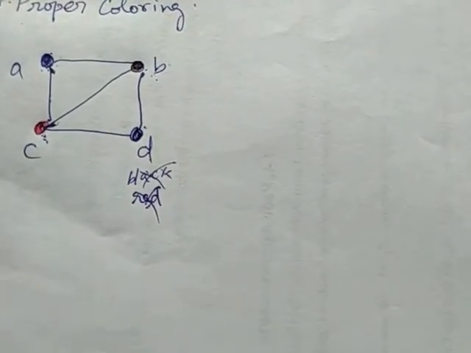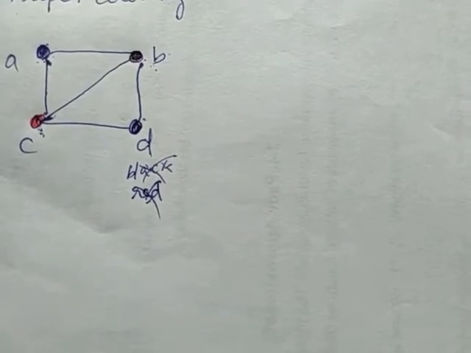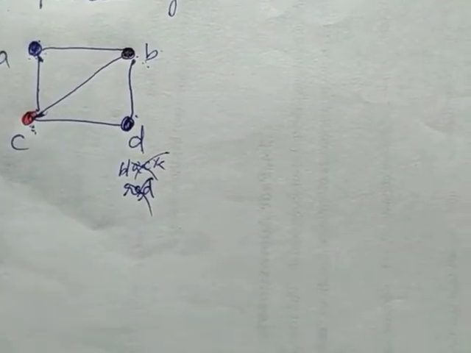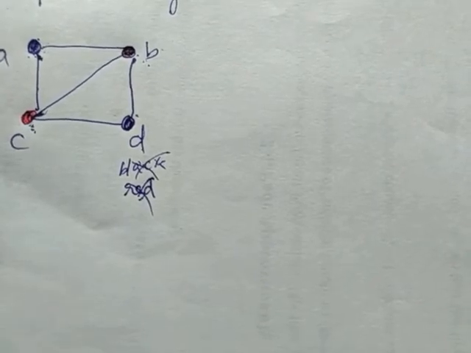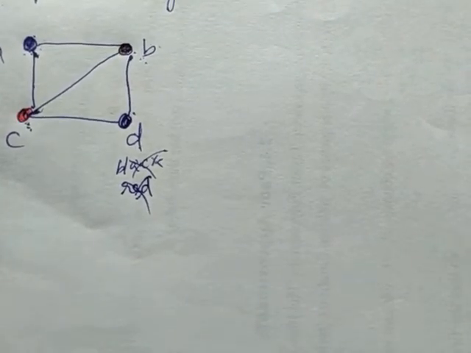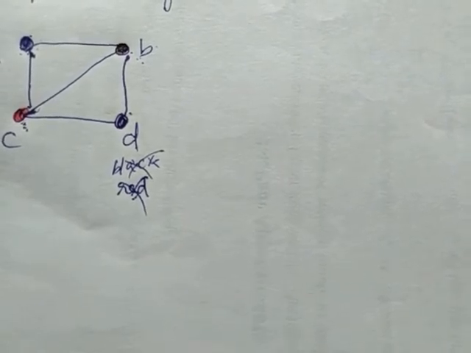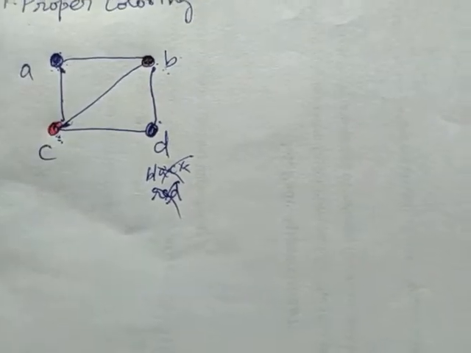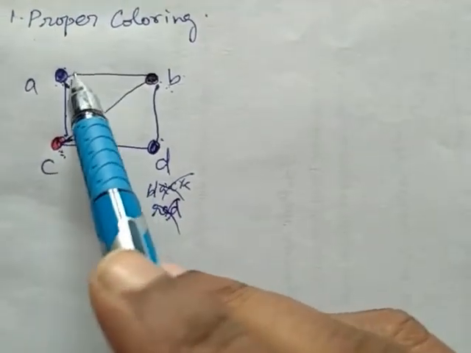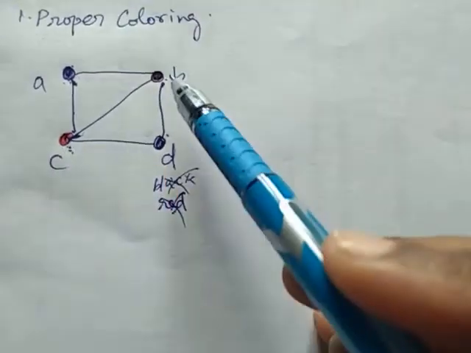So, proper coloring of a graph is, for the vertices, we have to assign colors such that no two adjacent vertices share a common color. It is also known as vertex proper coloring. Also, in this graph, I have used colors blue, red, black.